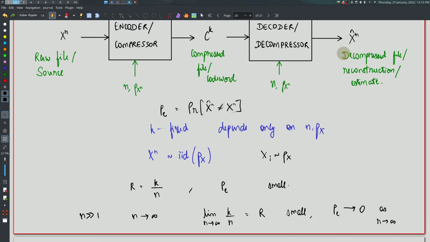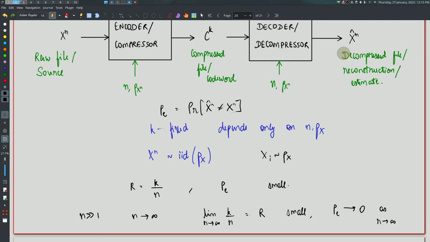If you want to compress, you're not typically interested in compressing small files, right? Because the gains that you would get in using compression would anyway be too small. So traditional compression algorithms focus on the regime where n is very, very large. You have an extremely large file, and you want to save space by compressing it to a much smaller file.